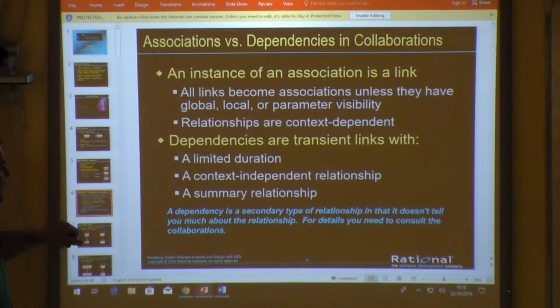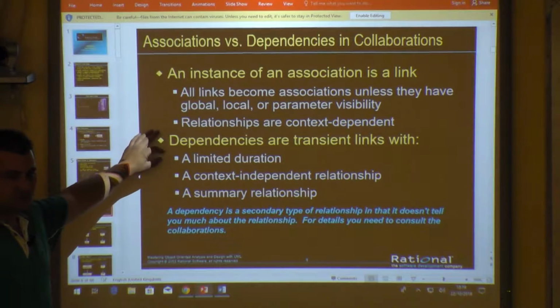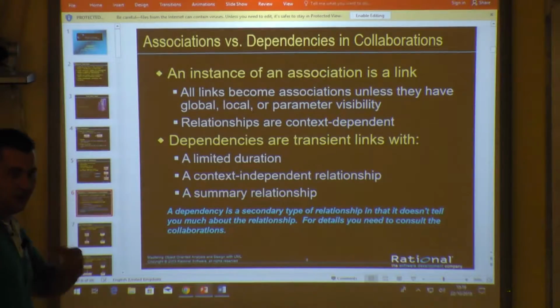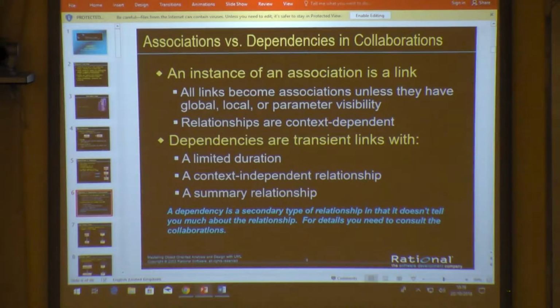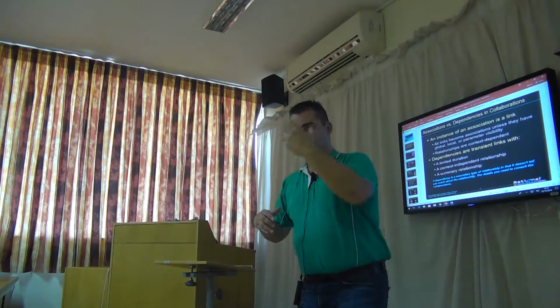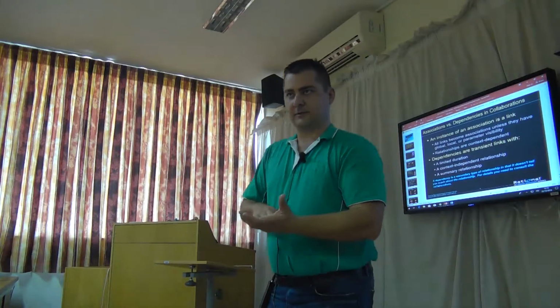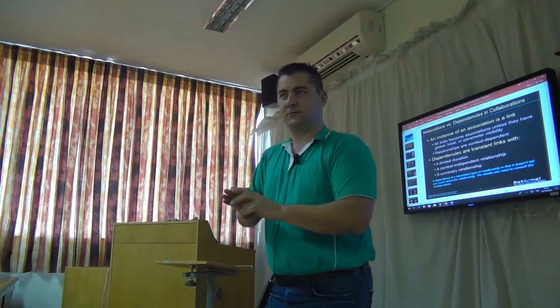So then there's a bit more about when do we use it. A dependency is also a transient link. What does transient mean? It's only temporary and you can't really see it. You need to actually analyze at code level to see, is there a dependency?